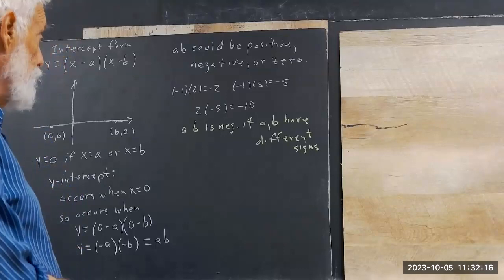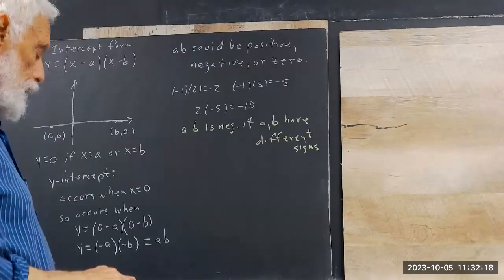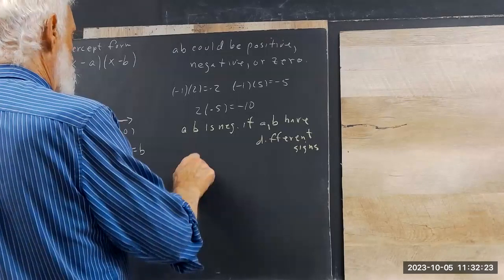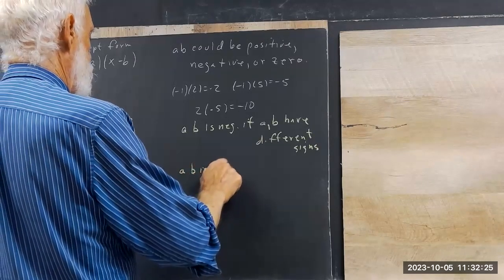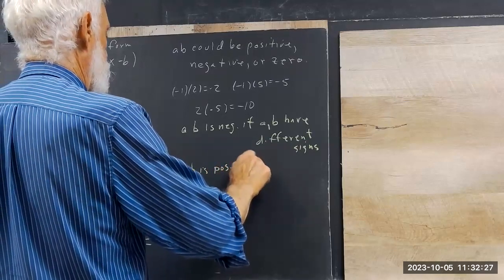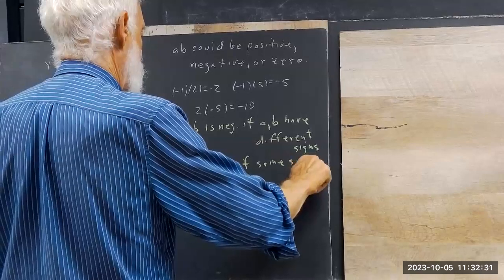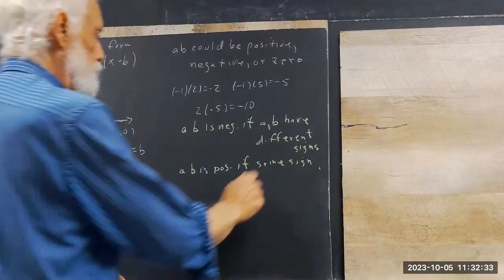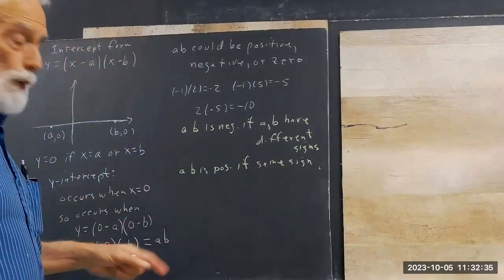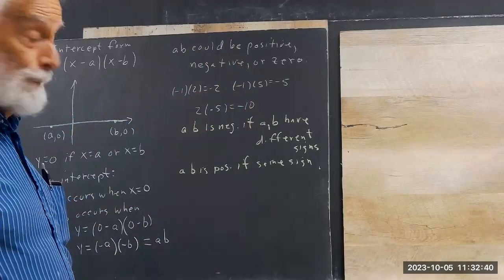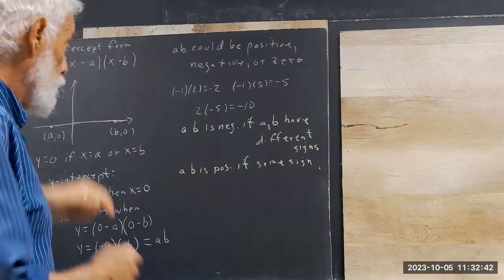Okay. Now, what about AB is positive? Without writing all the words, I'll just say same sign. So they could both be negative and you'd get a positive. So long as the signs are the same, you're going to get a positive.